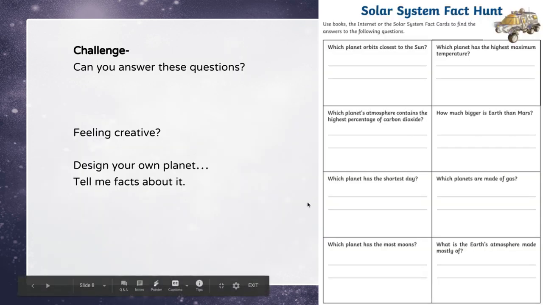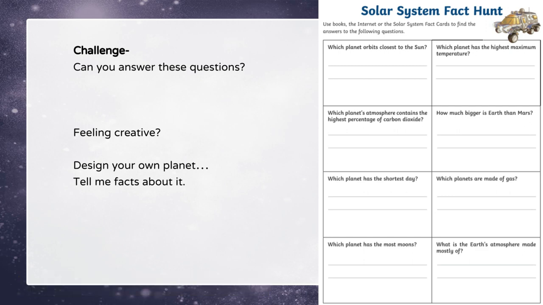Okay. Now, if you would like a challenge task for this lesson, can you answer any of these 8 questions for me? If you have done lots of research, then you should be able to answer these questions. And if you're feeling creative as well and want more work to do, you can design your own planet.